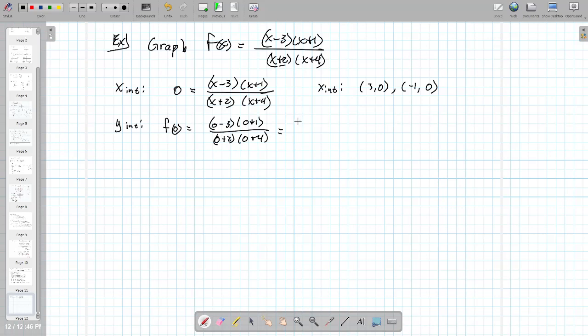That will give us -3 divided by 8. So our y-intercept is (0, -3/8). Now when you graph these, they don't have to be perfect. So don't freak out if you don't get it exact. We're just sketching here.